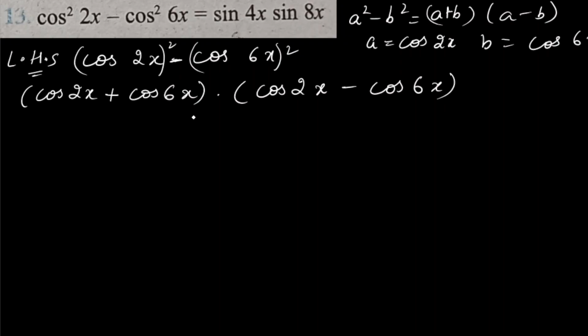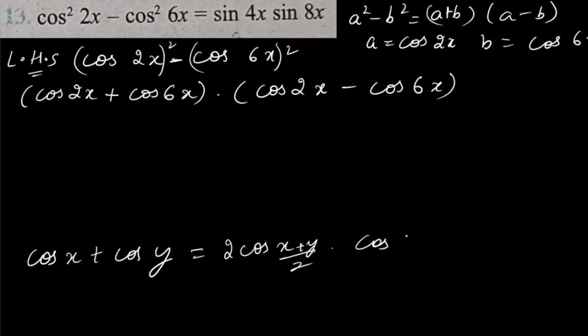So which identity do we have to use, which we have learned just now? Cos x plus cos y. Both cos will only come. So 2 cos x plus y by 2 into cos x minus y by 2, if plus is there.